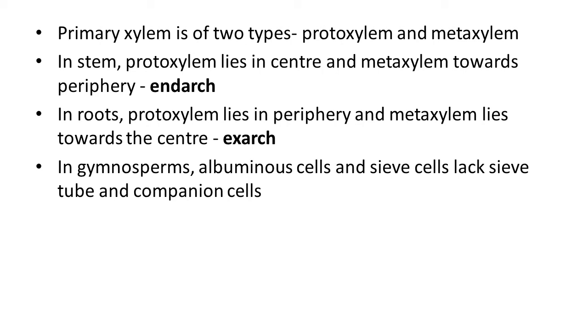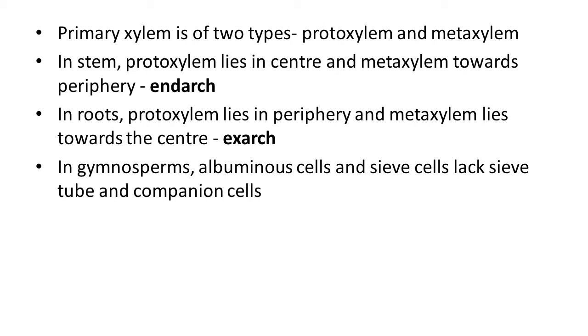Regarding the structure of xylem, primary xylem is of two types, that is protoxylem and metaxylem. The first formed primary xylem elements are called protoxylem, and those which develop later are known as metaxylem. In the structure of stem, the protoxylem lies toward the central pith region and metaxylem lies toward the peripheral region.